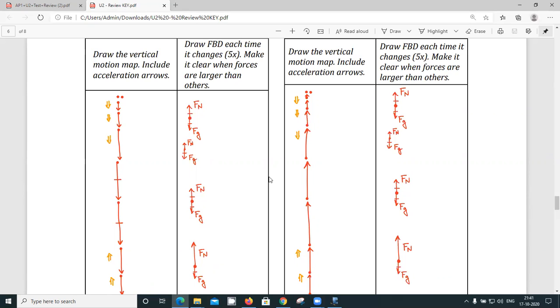So Fg minus Fn equal to m into a, right? Freely falling means a is g. That is the meaning of freely falling. So in that case, Fg minus Fn equal to m into g, right?